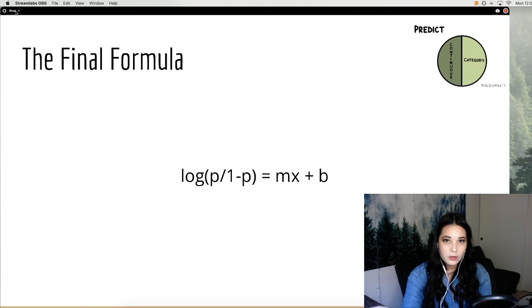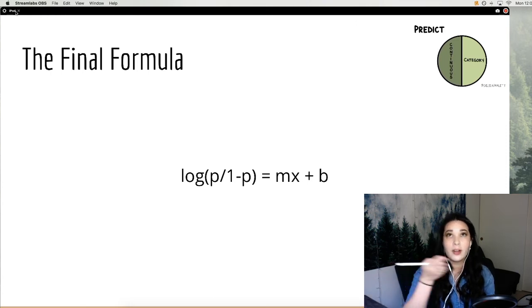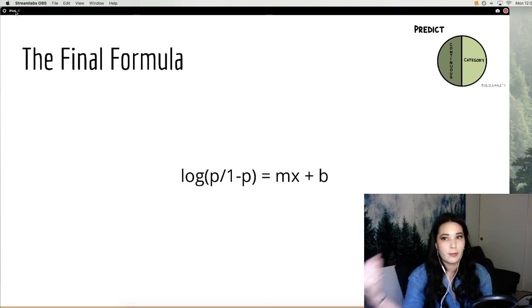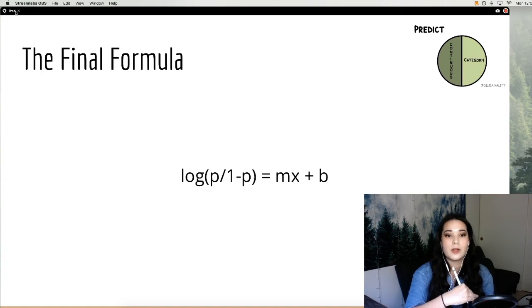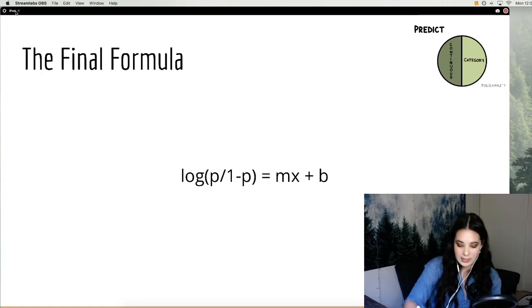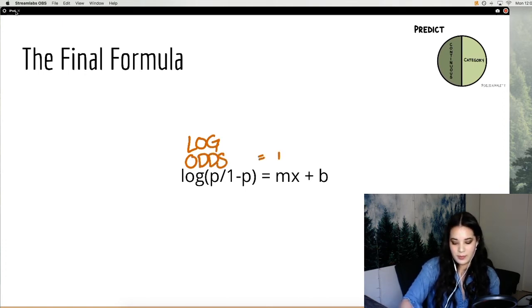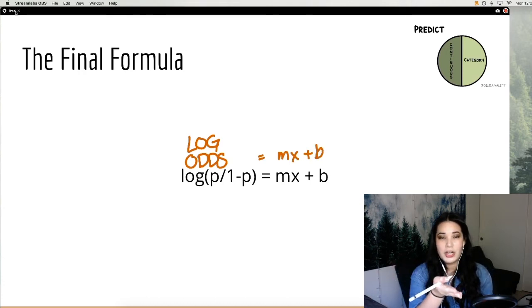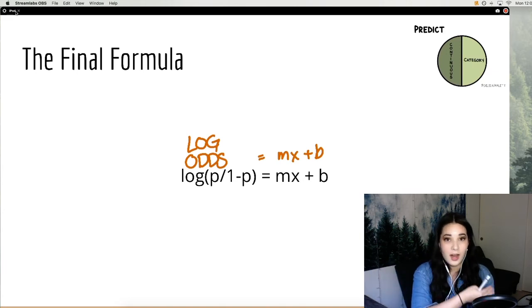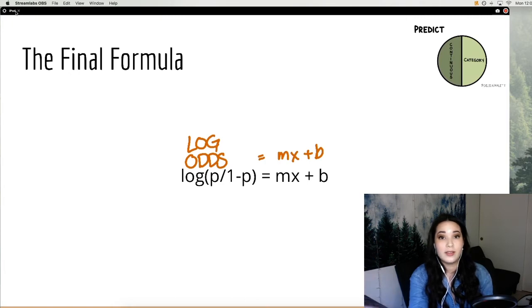So the final formula that we have after we've done all of those steps of converting from a binary variable to a continuous one is that the log odds is equal to something like mx plus b. In essence, logistic regression is just linear regression, but predicting log odds instead of predicting binary zeros and ones.